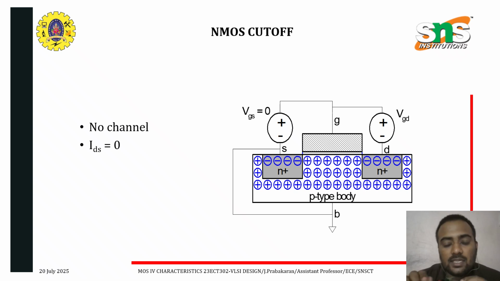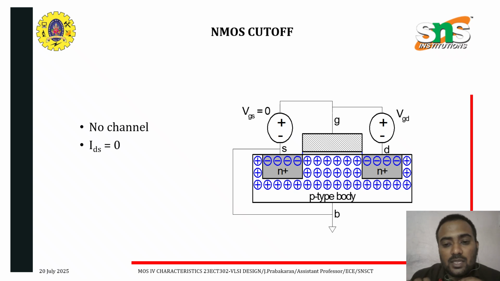NMOS transistor diagram, and the substrate is P type, and on both the left side and right side you have to diffuse N type diffusion, and take the left side N diffusion as the source terminal, the right side as the drain terminal.